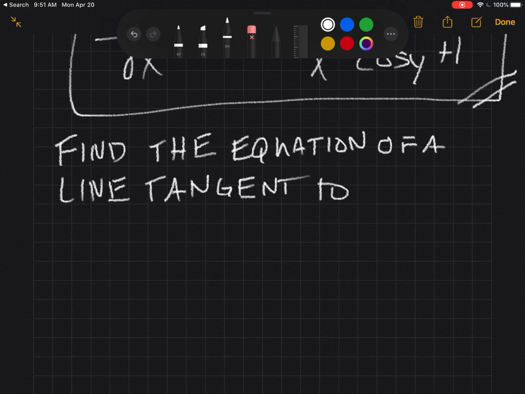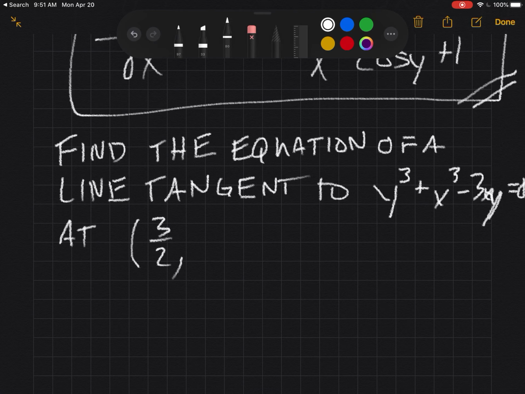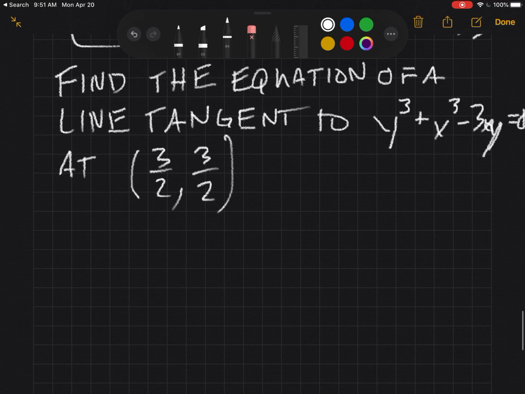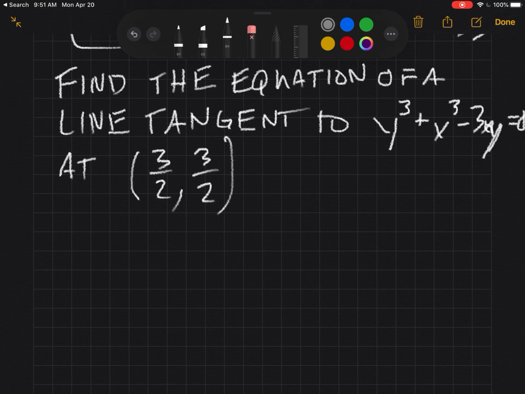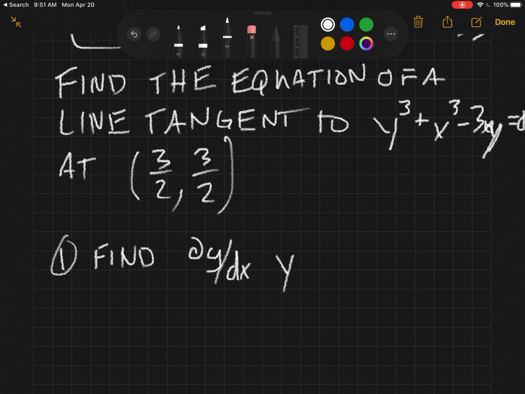Okay, so let's find the equation of a line tangent to y cubed plus x cubed minus 3xy equals 0 at this point, 3 over 2, comma 3 over 2.